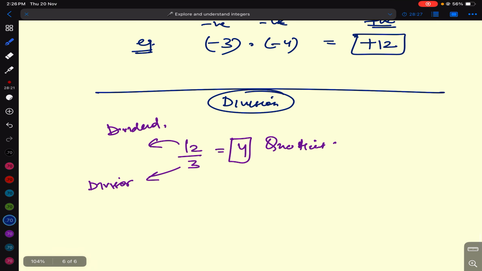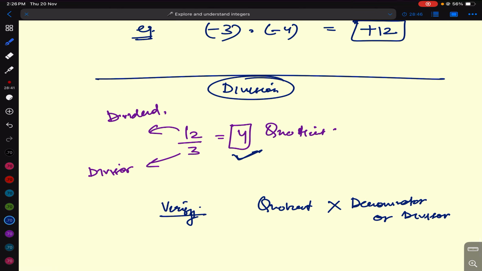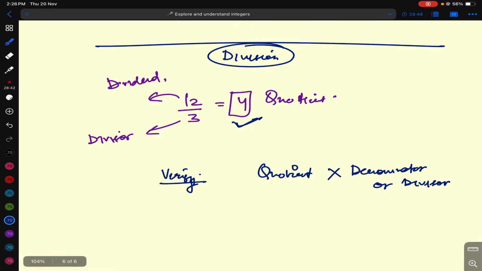Now, if I have to verify whether 4 was correct in the first place, what would I do? I'll verify by multiplying the quotient by the denominator, or the divisor. Clear? So what is the quotient here? 4.